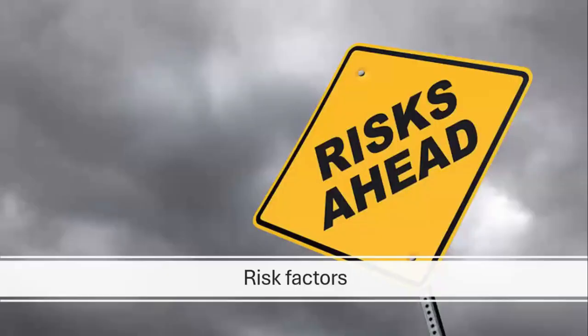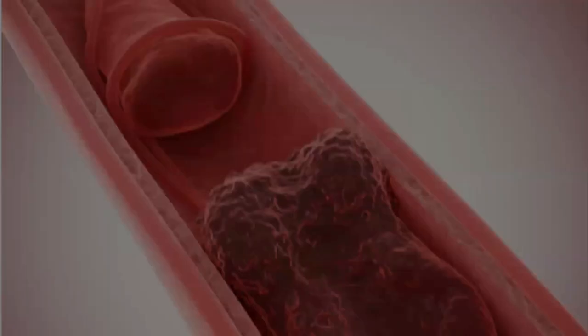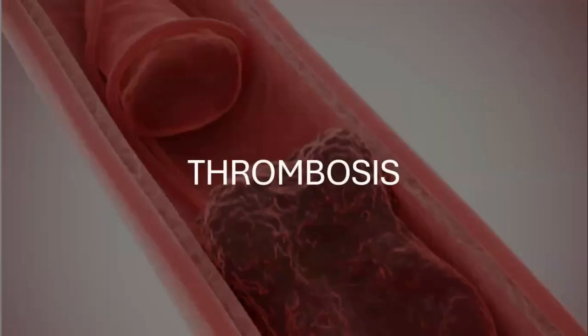So risk factors: we can use the nice mnemonic THROMBOSIS to remember all the risk factors. I mean, emergency medicine is quite easy. We like to keep things simple. And what better way than to use an acronym that is essentially the disease process?